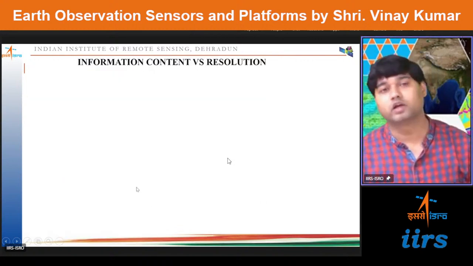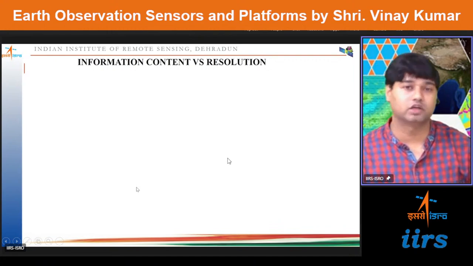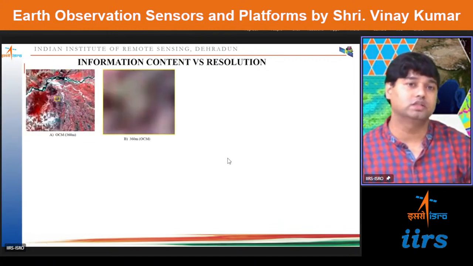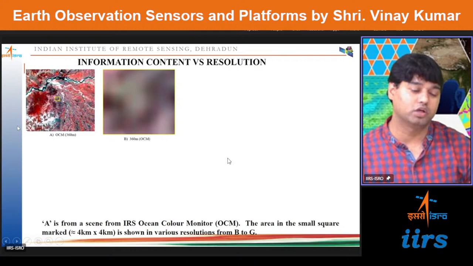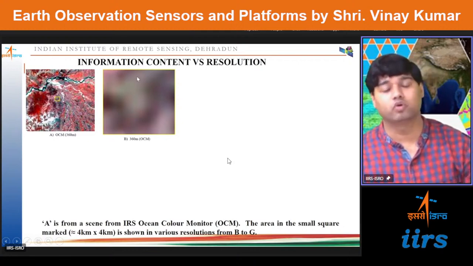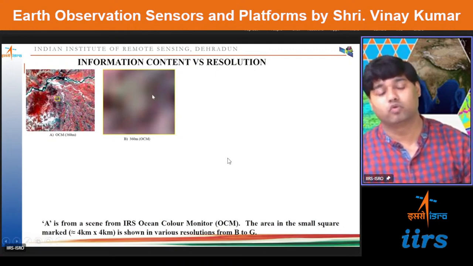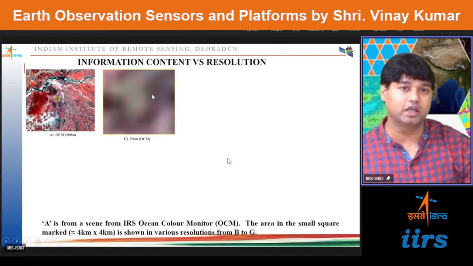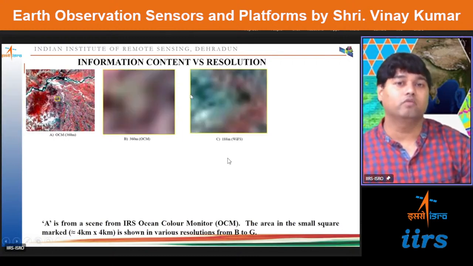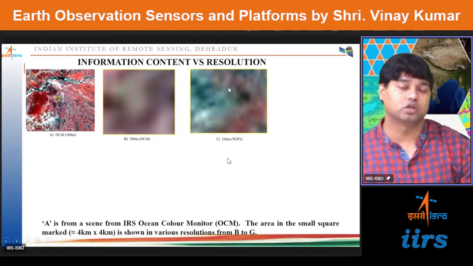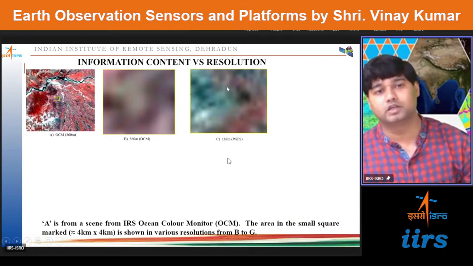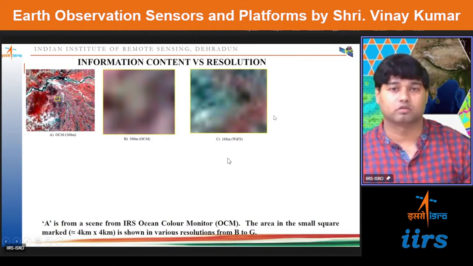So how does the information content vary with the resolution? You can see this is the Ocean Color Monitor data with 360 meter resolution. Here we have taken a 4 kilometer by 4 kilometer area, and we are hardly able to see anything. Now, with 188 meter resolution, there is little better information, but not clear.